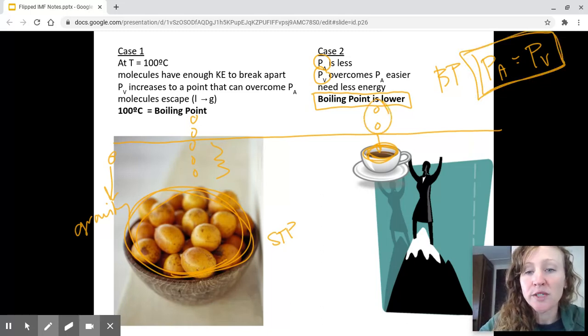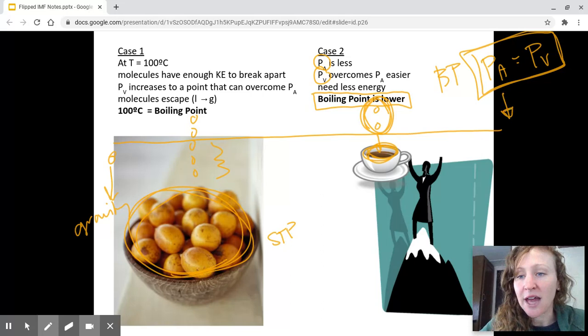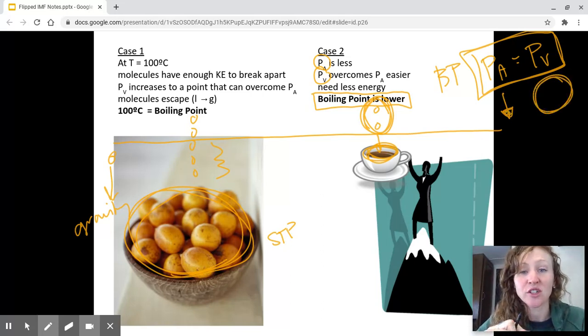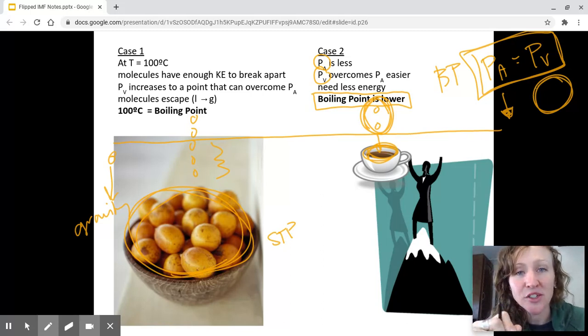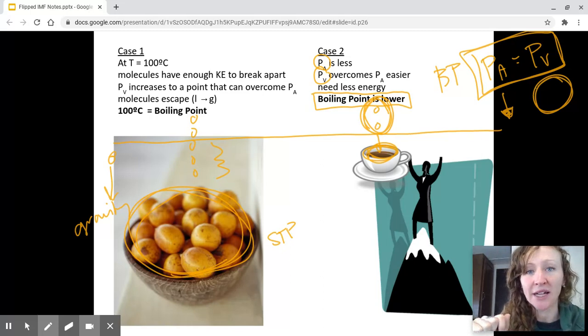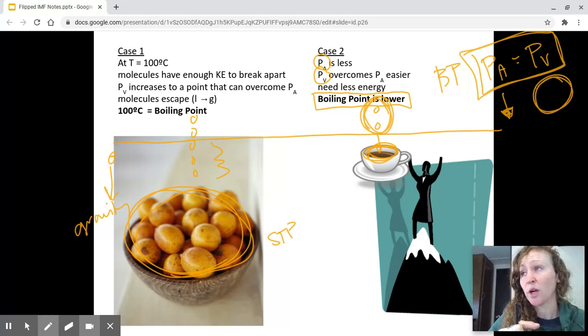When atmospheric pressure is equal to the vapor pressure, boiling occurs. So if we reduce the pressure above our solution, then we're decreasing the atmospheric pressure, and we're going to actually change the boiling point. And this is why when you buy a cake mix or something like that, and you look at the directions on the back, at the bottom it'll say if you are above an altitude of 1,000 feet, here are your baking directions, right?